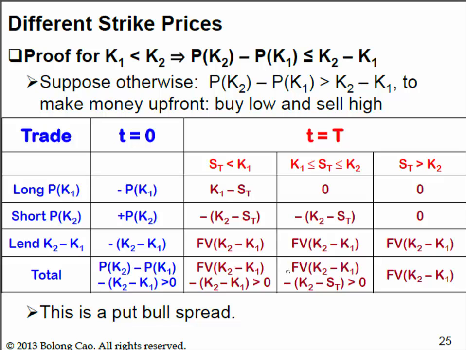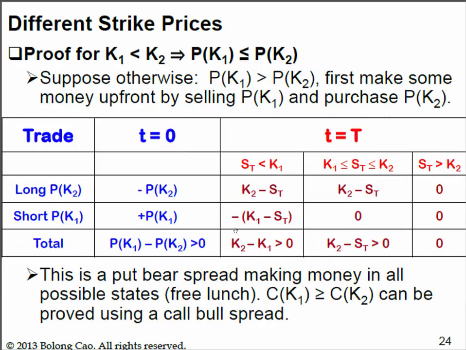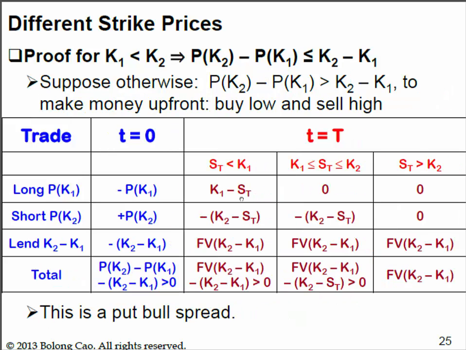On the put option bull spread, it's a similar story as before. What we have is minus K2 minus K1, because in the previous discussion, when we talked about the different premium levels for different strike prices, it was a bear spread.